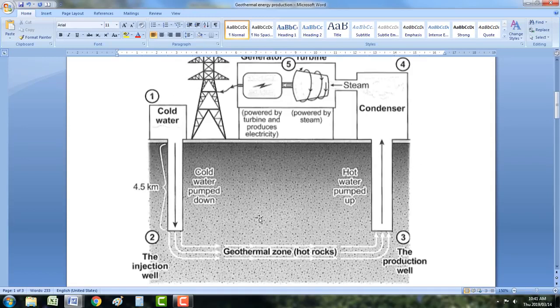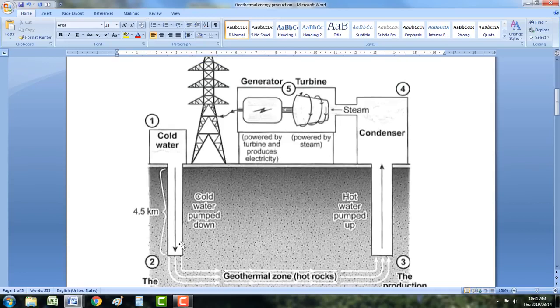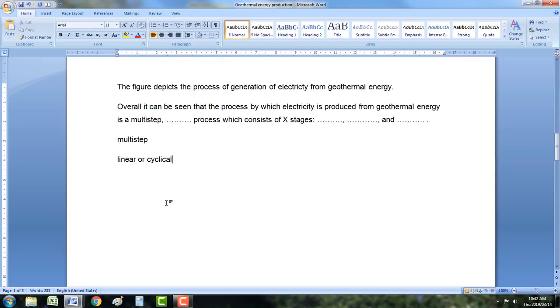And this happens often when students think it's cyclical because it's in a circle, but it's actually linear. The water here goes around, and they don't say anything about the water going back into that tank. So we just assume that the water goes out somewhere there. So it's not a cyclical process, it's a linear process. So that we're going to put over there.